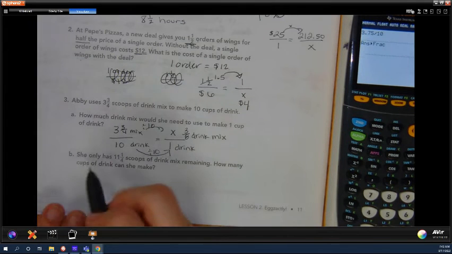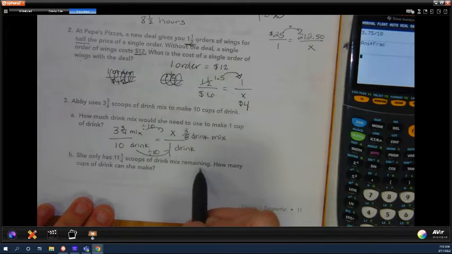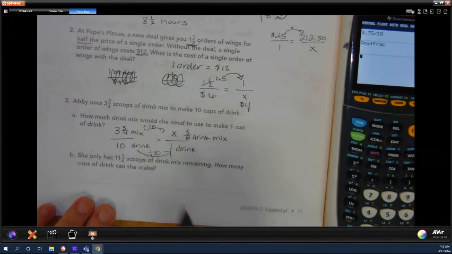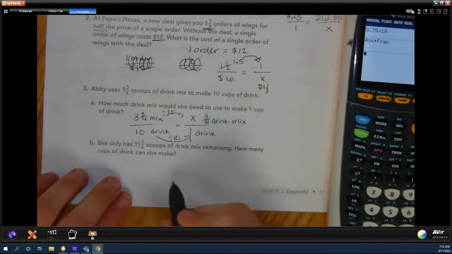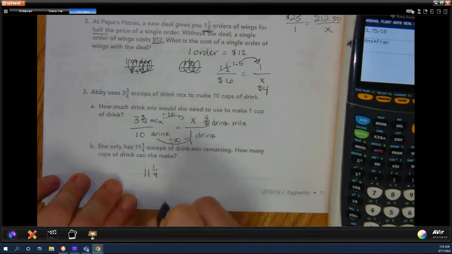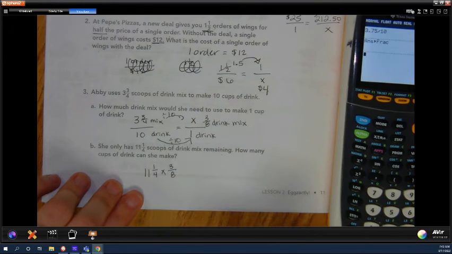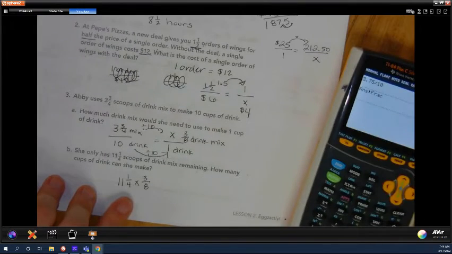All right. She only has 11 1/4 scoops of drink mix remaining. How many cups of drink can she make? Well, all I've got to do is multiply. So 11 1/4 times 3 over 8. Wait, am I multiplying or dividing? Hang on.